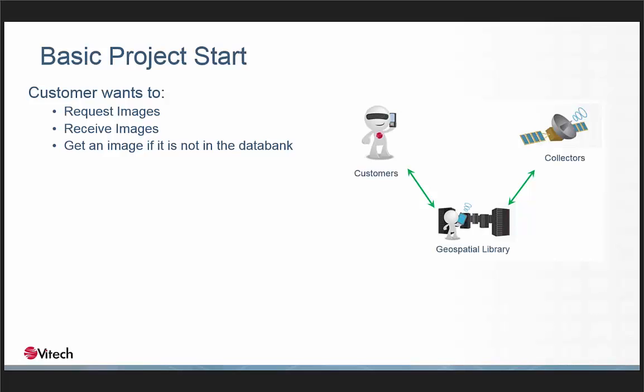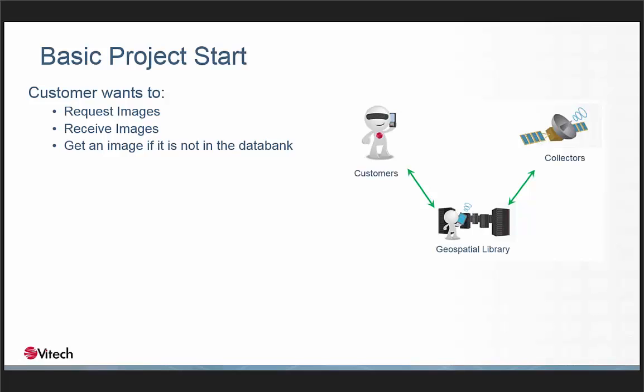They want to receive the images, want to get some images back, which they make the request, and they want to basically task the library to say, if you don't have the image, go find it and go get me one that'll meet my needs. And so the customer has given us these basic couple of requirements here, and they've given us this little diagram that you see on the right-hand side of the slide. So it's basically what I'm going to call a geospatial library. So I'm going to do a beginning model for the geospatial library.